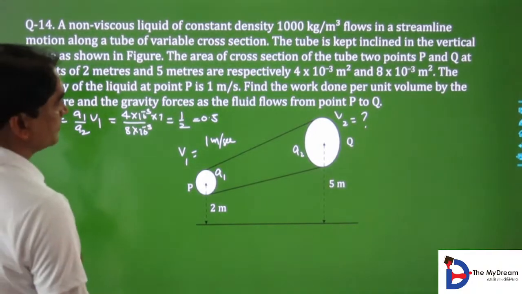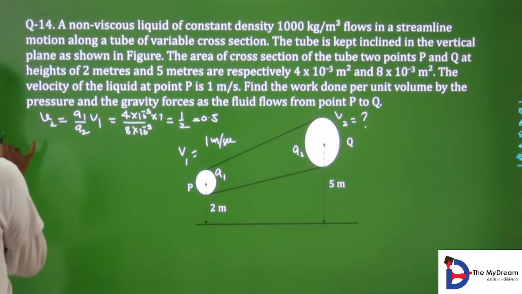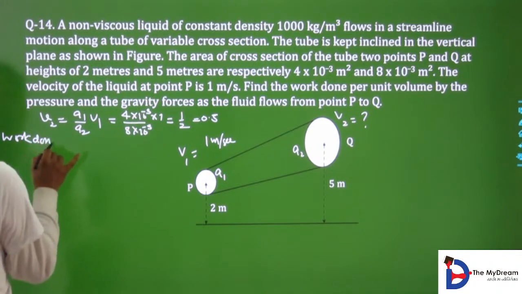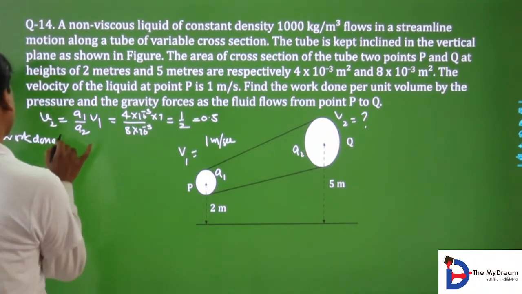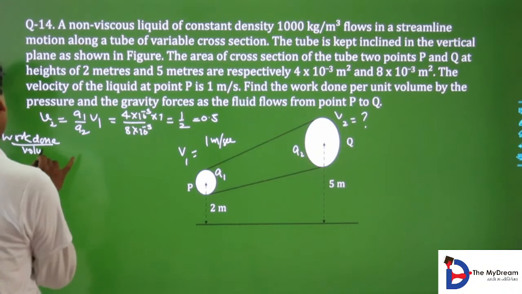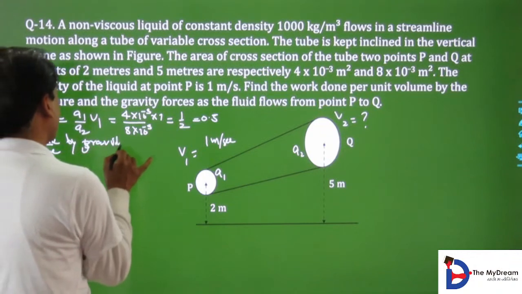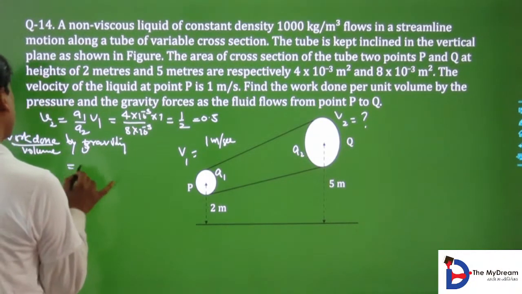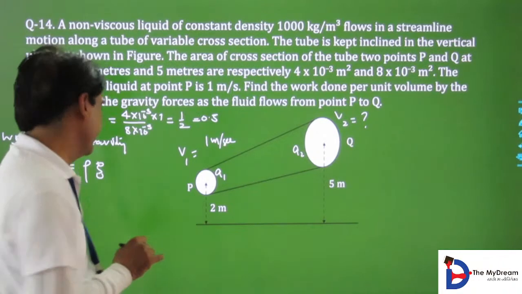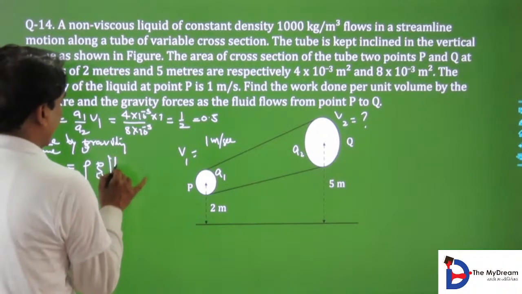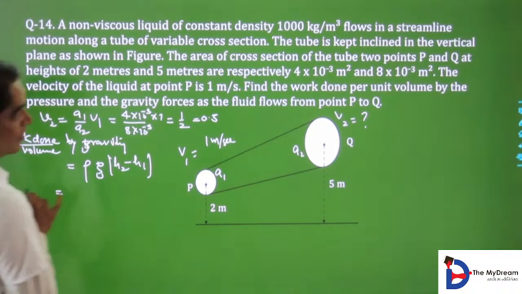Now you are having the value. Work done per unit volume by gravity, that is rho g, and there is the difference in height, so you can write h2 minus h1.